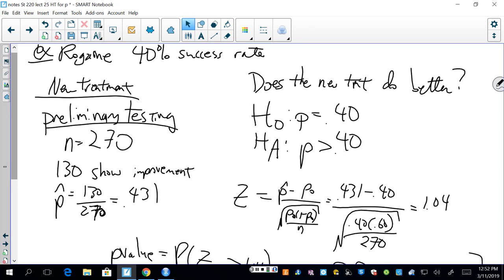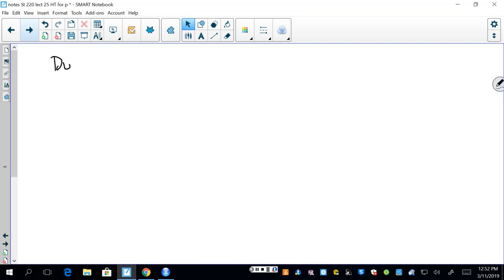Right? And so, does the new treatment not do worse? Well, it actually is better. The sample proportion was better. So that's encouraging.